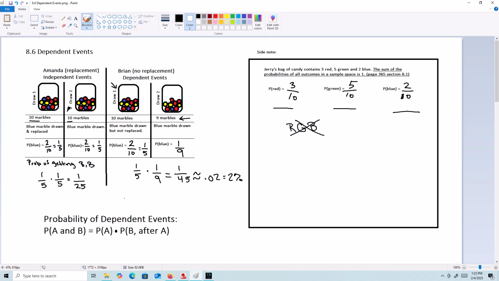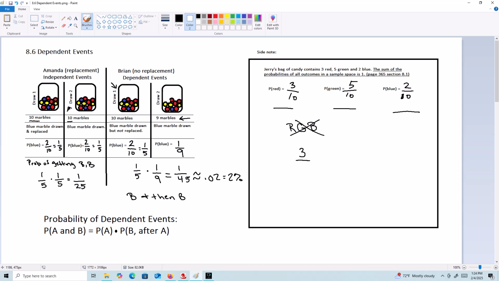Over here, we are talking about the possibility of getting blue and then blue. So that's the reason we are multiplying now, whereas before we were adding. And the book makes the statement that the sum of all of these probabilities will equal 1.